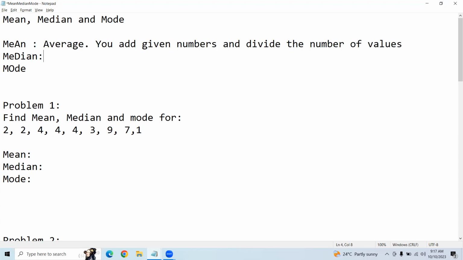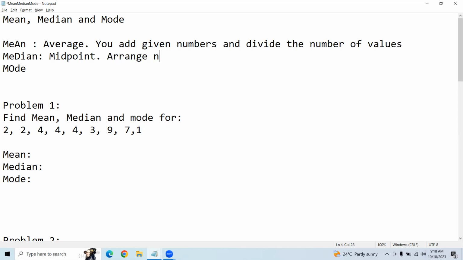While writing median, you write M and D as capital. When you write M and D capital, you can think of midpoint. While calculating the median, what are we supposed to do?